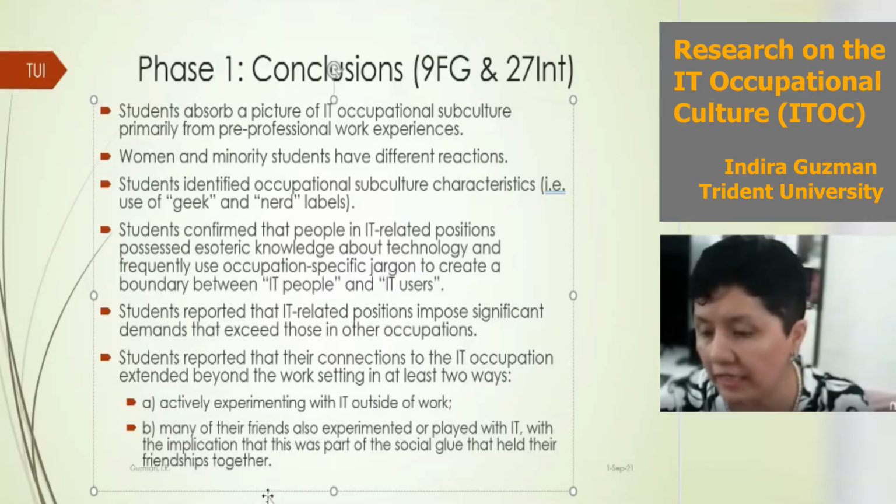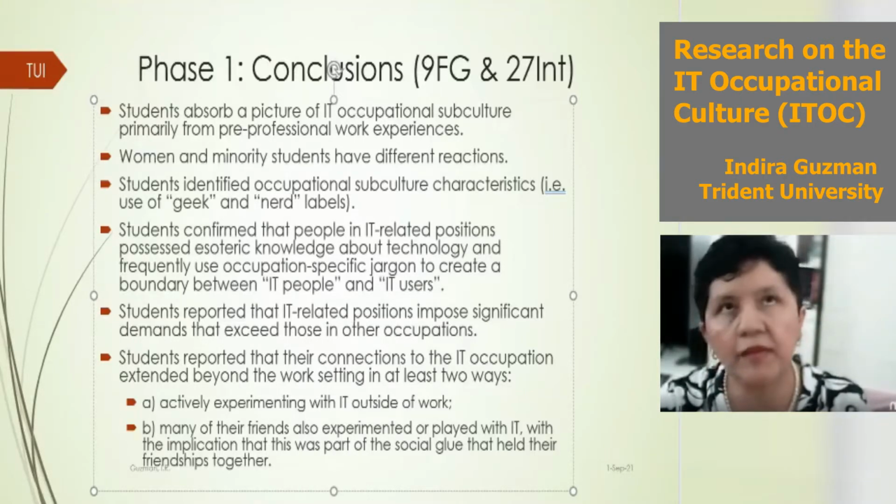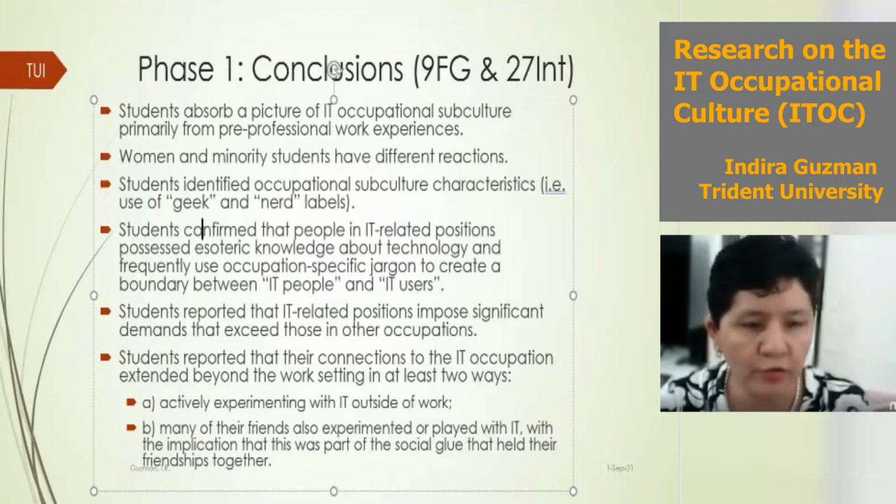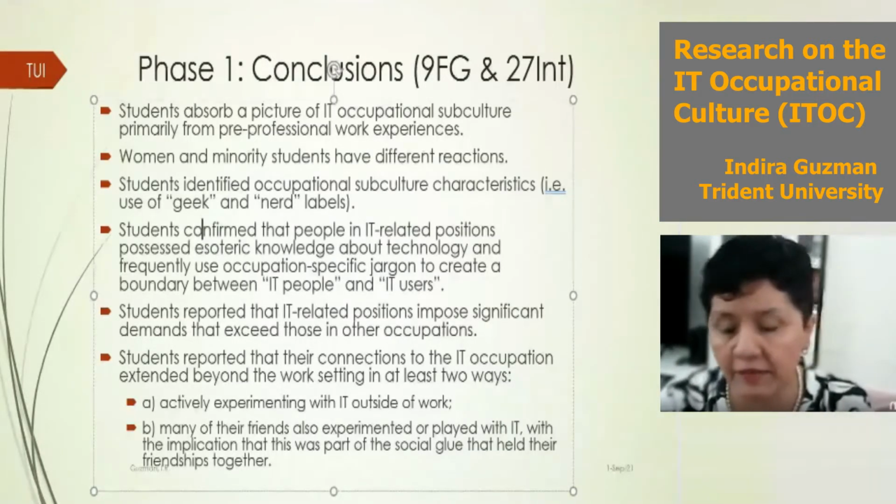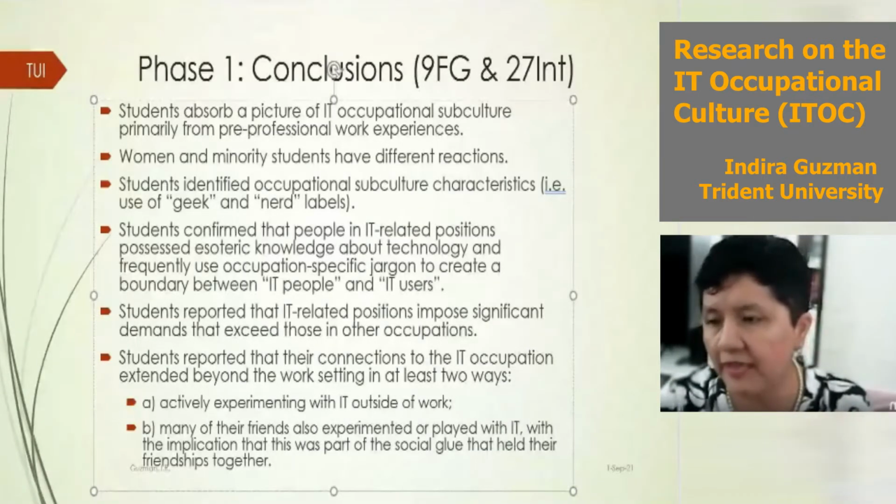Sometimes you think that over time people don't express those labels anymore, but they keep coming. We are in 2021 and people still say that if you are in IT, you are a geek or a nerd. The positive or negative implication of that changes in some areas, but you still get a label like that.